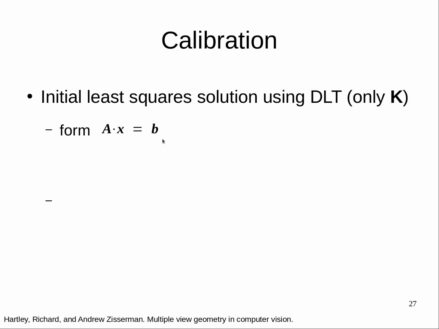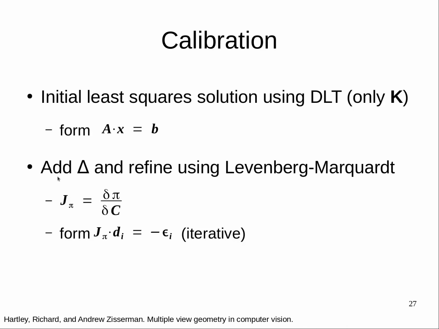So once we have this solution, we do nonlinear optimization, which means we are using Levenberg-Marquardt, and we are adding this delta function to the optimization objective. And for you to recall, the nonlinear optimization always needs a good initialization to converge.